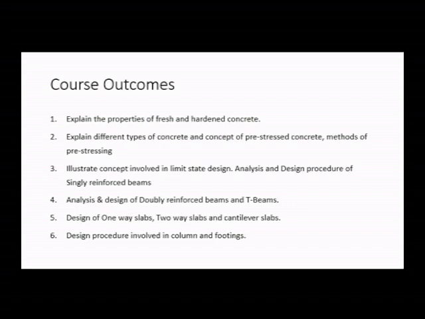The sixth outcome is the design procedure involved in column and footing. So when you are at the verge of completion of this course, you will be able to design each and every structural element used for a building or any civil engineering structure.